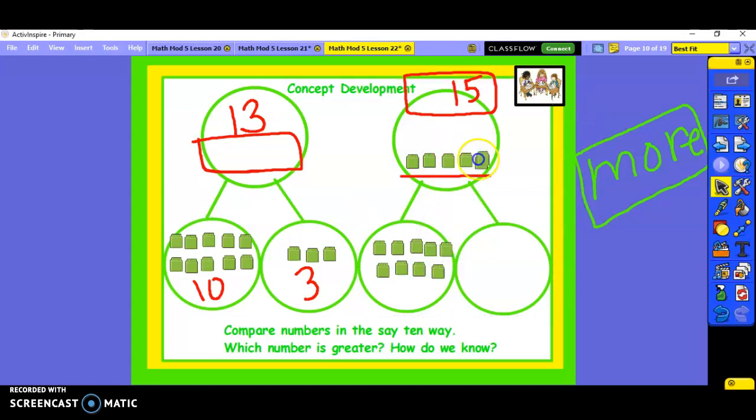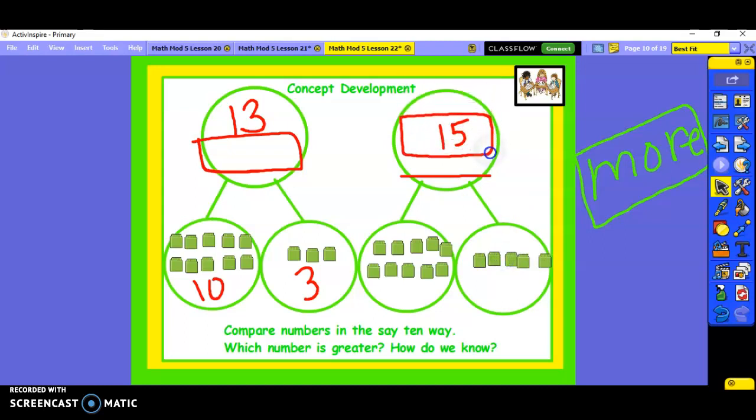And if you want to build this at home with Miss Narcan, you could use anything you want. You could use blocks or Skittles or mini marshmallows. And now let's move our 5 over, because remember, 15 is 10, 5. Very good.